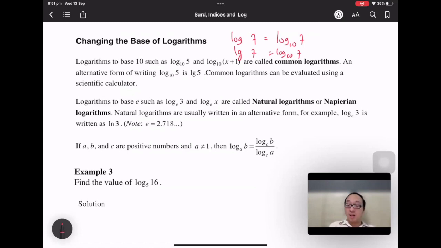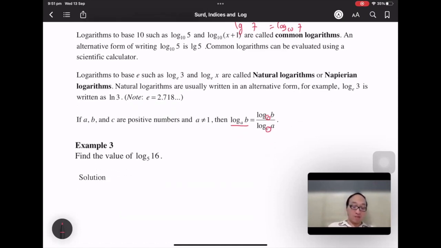And now we can change the base of the logarithm. So for example, I can have log base a of b. So I can rewrite as log to the new base c of b over log to the base c of a. So make sure that the base will be the same.